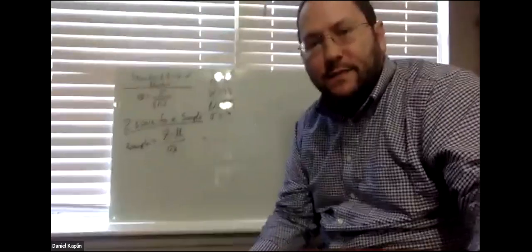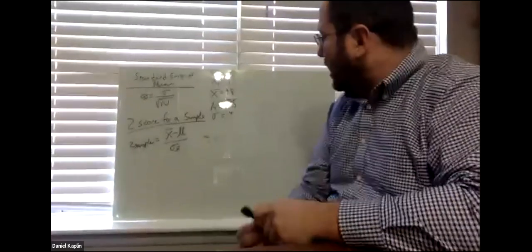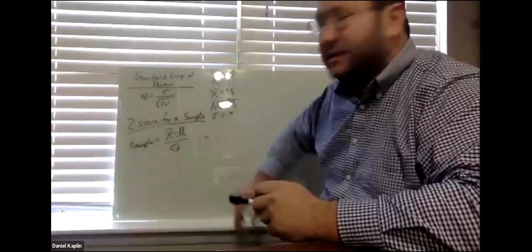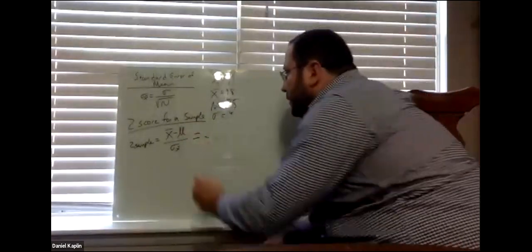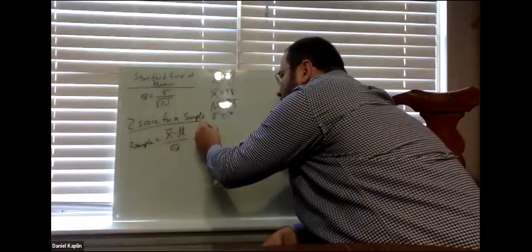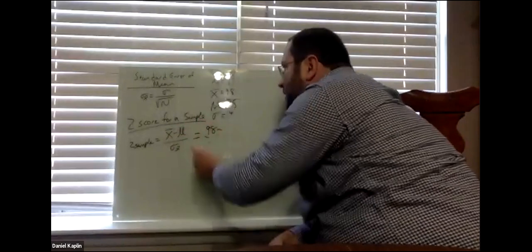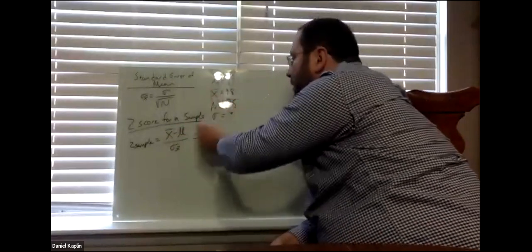Sample mean minus population mean divided by standard error of the mean. So let's work through this together. The first thing we're going to do is put our numbers on the board. So X bar, 98, right? That's our sample mean.